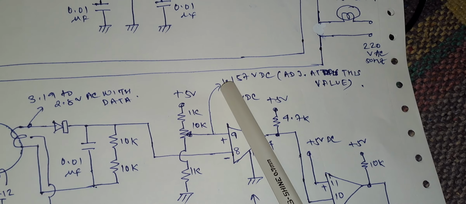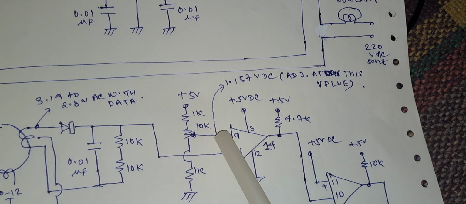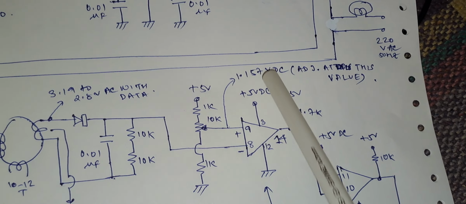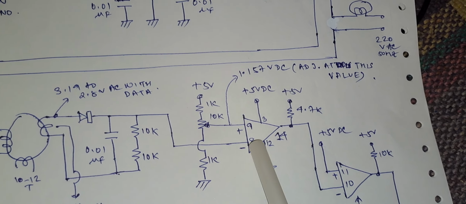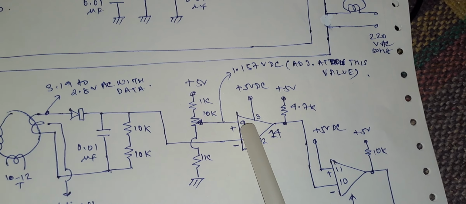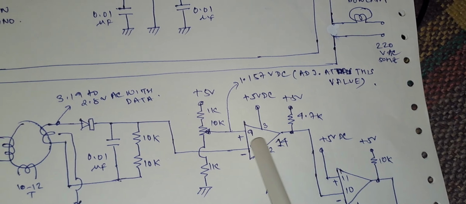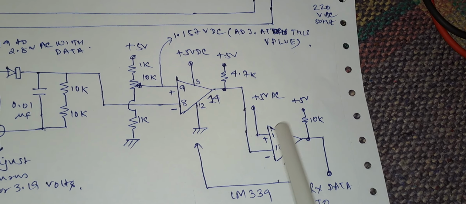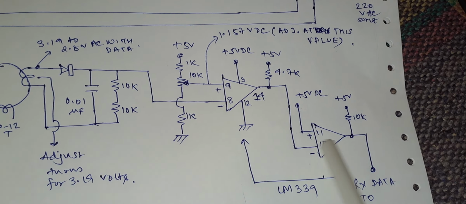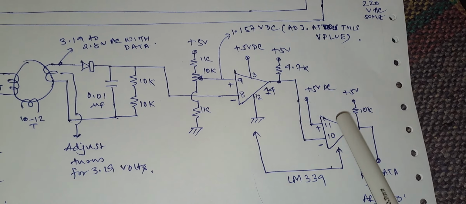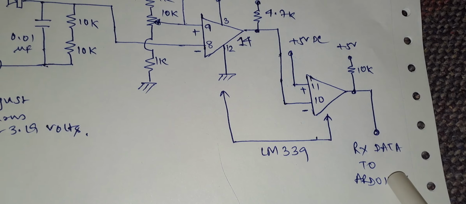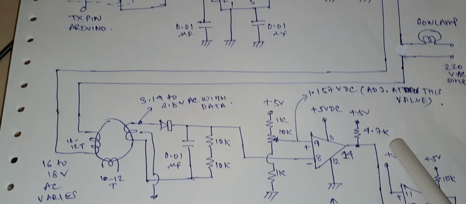This voltage must be adjusted to 1.157 volts DC or somewhere near this value. This voltage arrives here and is compared with this voltage, and the output will be inverted. So again I am using this comparator to correct the voltage polarity, and finally the output is fed to the receiver Arduino Uno. This is how the circuit diagram works.